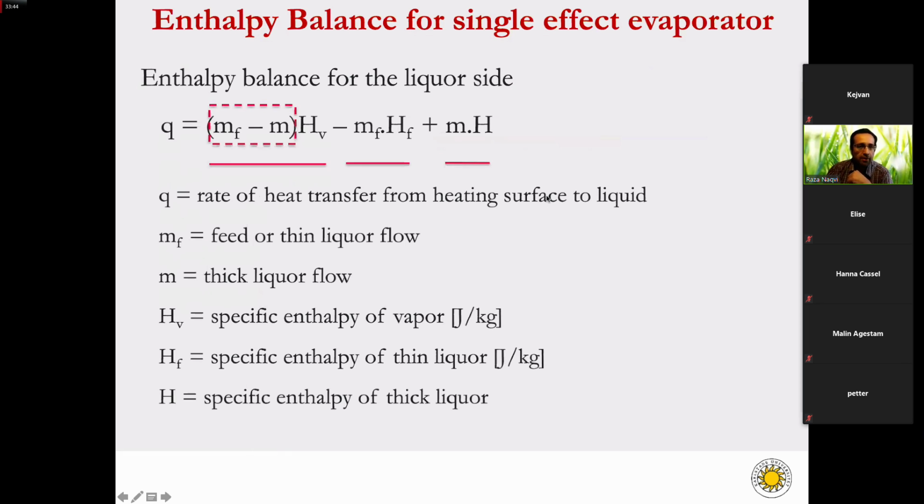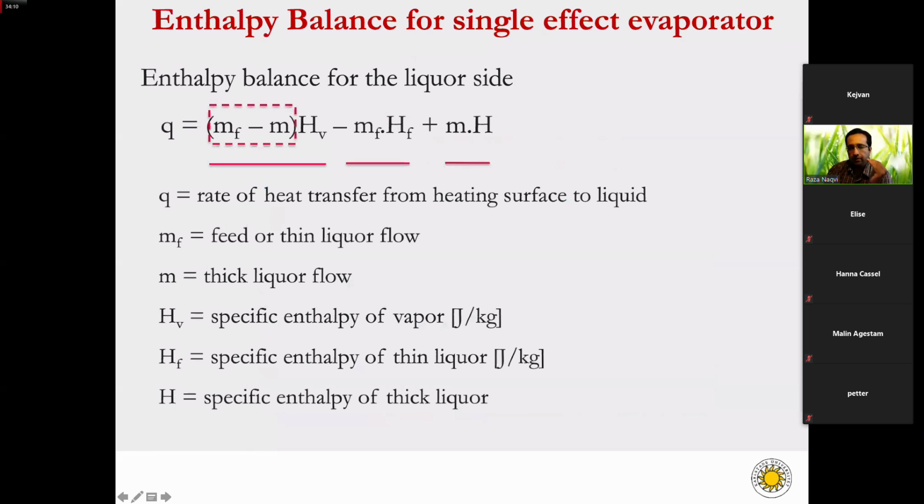And then we have to perform the enthalpy balance for the liquor side, right? So let's say we have to calculate how much energy is going out in terms of vapors. This is the flow rate of the vapors, mf minus m, multiplied by the enthalpy of the vapors, minus the enthalpy of the feed.